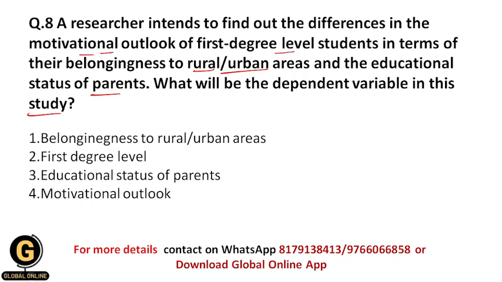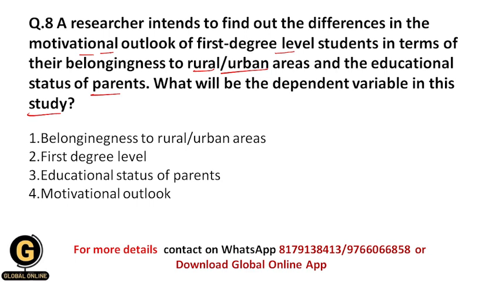Okay, so here the researcher intends to find out the differences in the motivational outlook of first degree level students based on their belongingness to either rural or urban areas and based on the educational status of their parents.